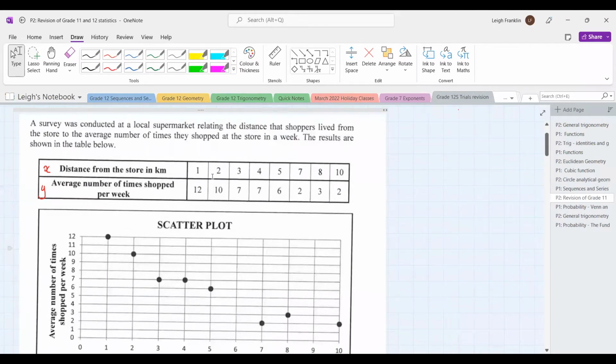So they've given us these pieces of data and they've plotted the points. Does everybody know how to plot the information onto the scatter plot? If they didn't give you the points, would you know how to draw them if they asked you to draw them on the scatter plot? That's what I'm trying to ask.